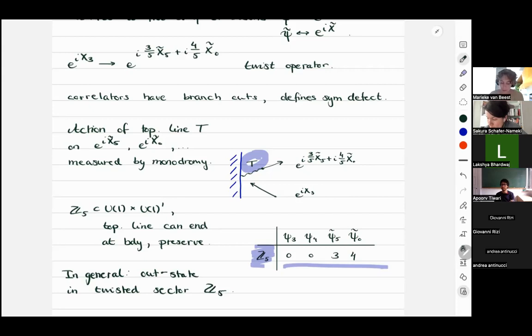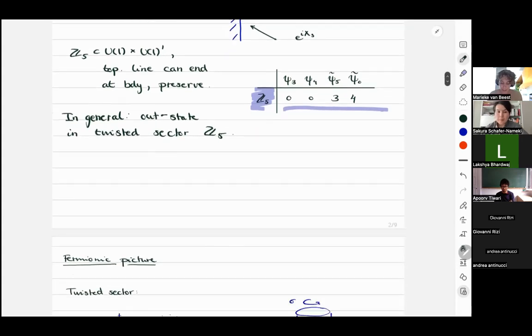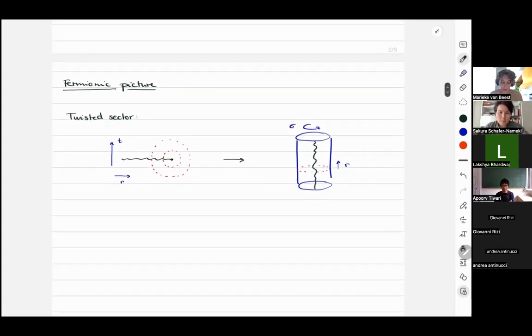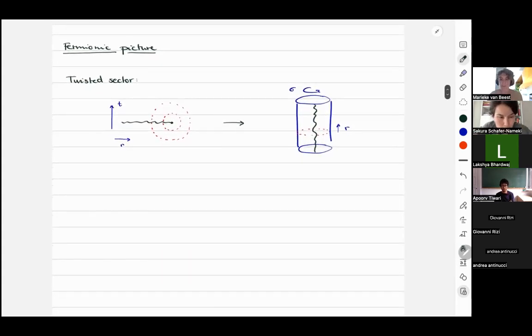Okay, so this is the bosonized story, so to speak. Let's check that this also works out in the fermionic picture and how it works out precisely.